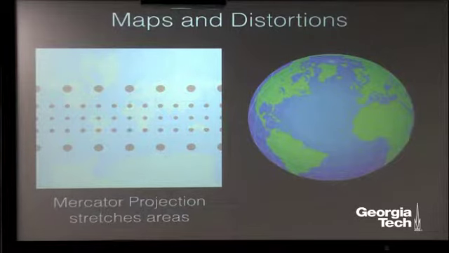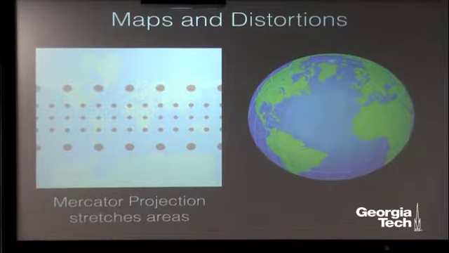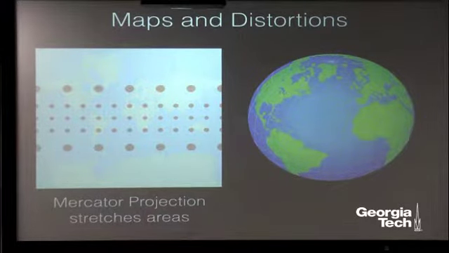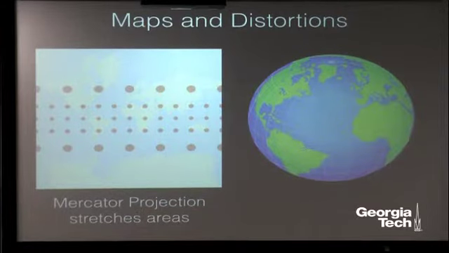And you'll notice that Greenland here is maybe a little bit larger than Africa. And if you look at the globe, on the other hand, here's Greenland and here's Africa. You can fit something like 7 or 8 copies of Greenland inside Africa. I forget the exact number. But this is just showing you that anytime I take some curved object and try to smush it down onto the plane, I'm always going to introduce distortion.